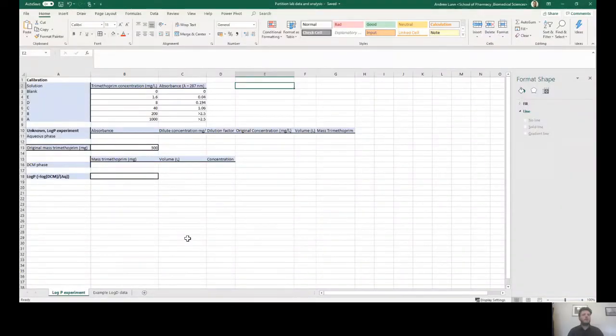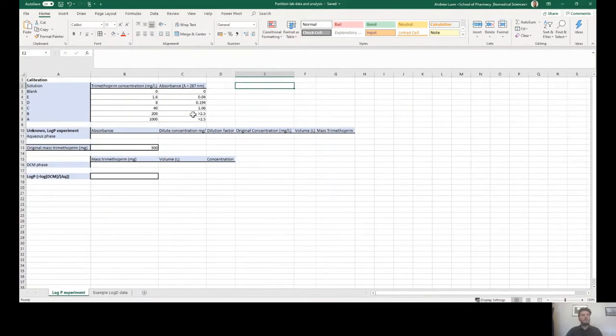Hopefully you can now see that on your screens. So we have a spreadsheet here where I've got the calibration data, which has all the different solutions that we took the absorbance of at 287 nanometers. So we've got the blank, which is just the water, the aqueous phase, sorry, and the cuvette. And we've got the 5 different solutions that we made by serial dilution of a known concentration of trimethoprim.